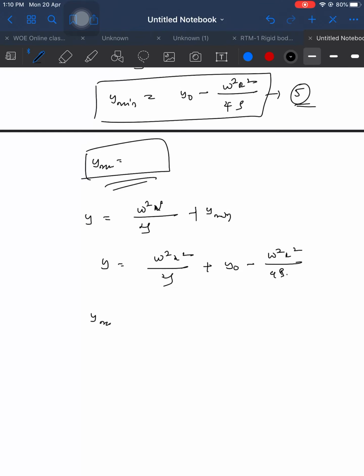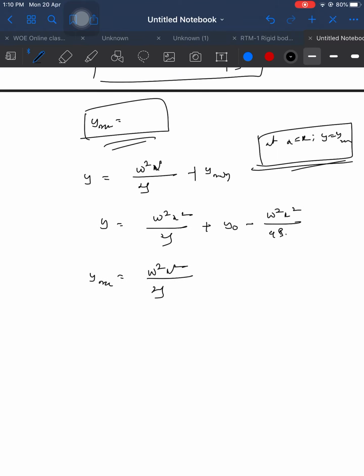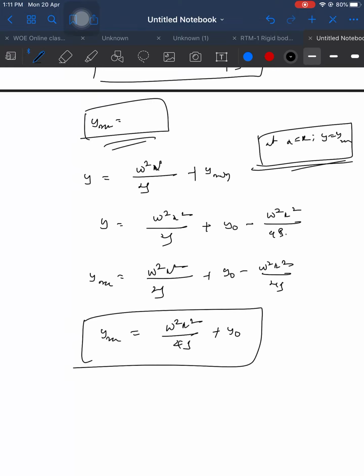Okay, y max, if we substitute at x is equal to r we have y is y max. Remember, where will be the maximum height? If they ask you, at x is equal to r you should substitute, omega square r square by 2g plus y0 minus omega square r square by 4g. Y max is equal to omega square r square by 4g plus y0. These are the expressions for y.